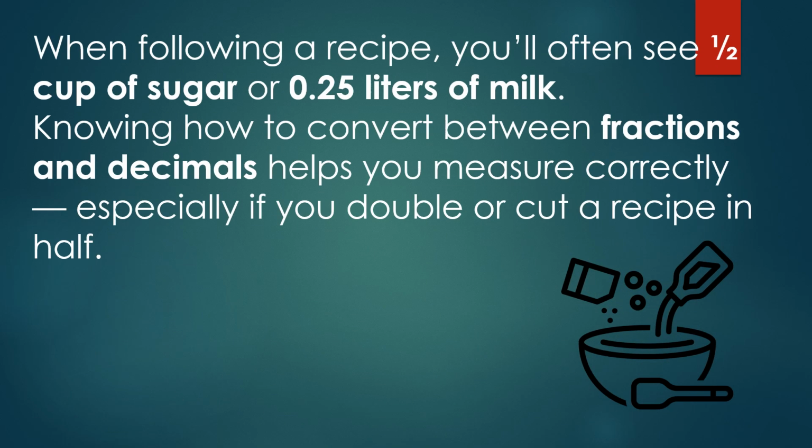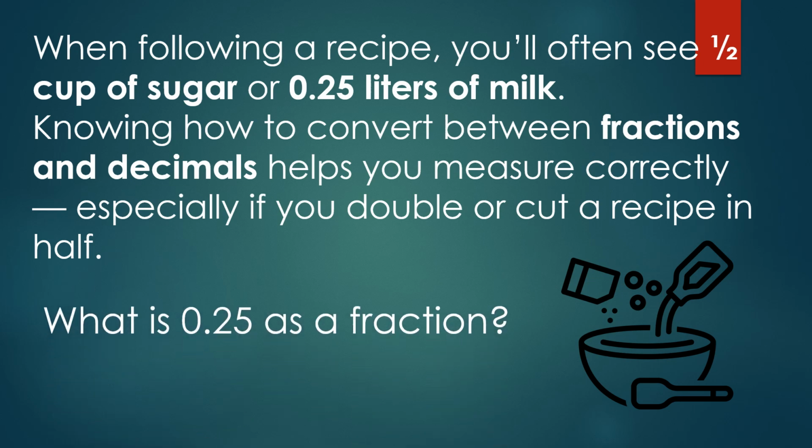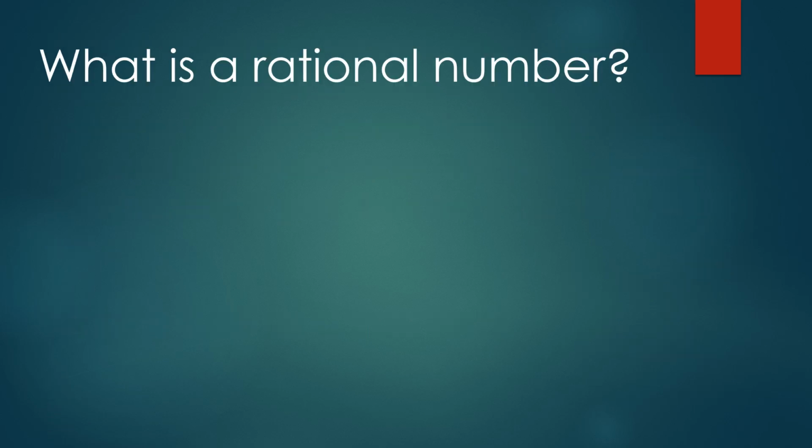Another, when you're following a recipe, you often see 1/2 cup of sugar or 0.25 liters of milk. Knowing how to convert between fractions and decimals helps you measure correctly, especially if you double or cut a recipe in half. Sample, what is 0.25 as a fraction? Of course, that's 1/4.